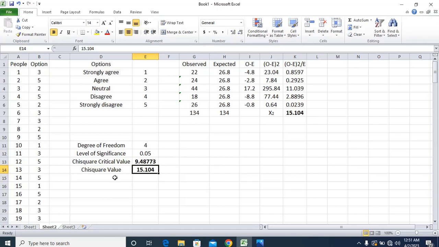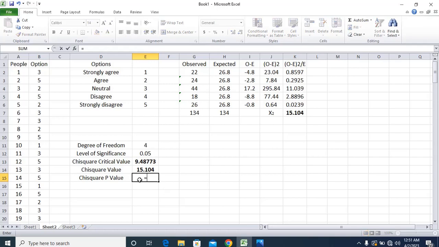Now we are also going to find out the chi-square p-value. There is also a probability value for chi-square. This is also used in statistics, and it is compared with the level of significance which we have put. We will compare the p-value with the level of significance. How to find this out?